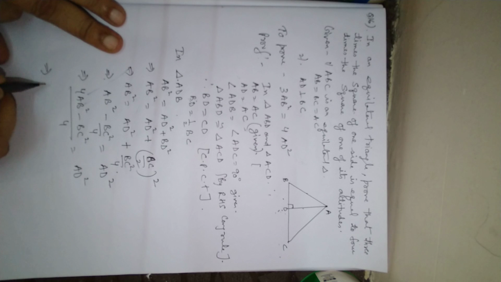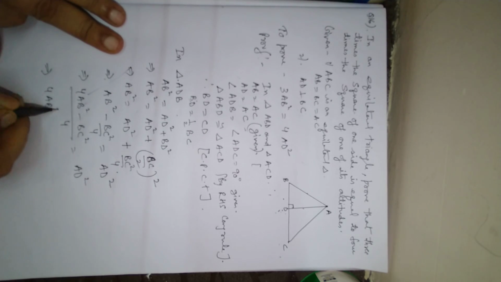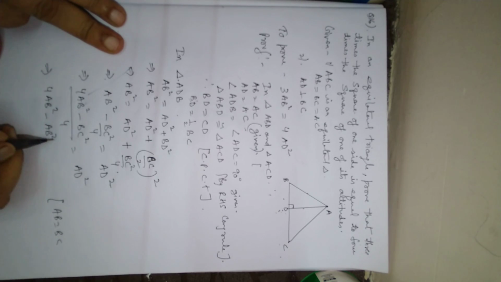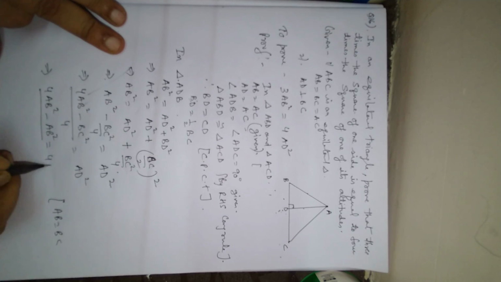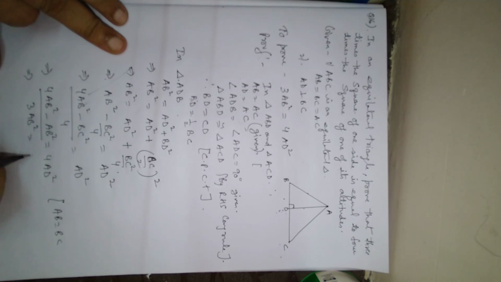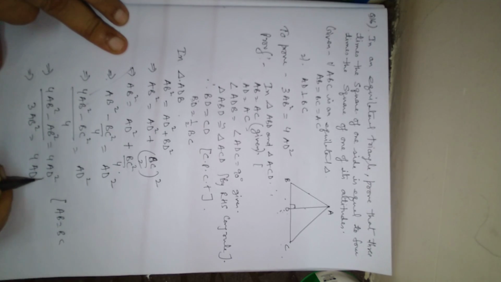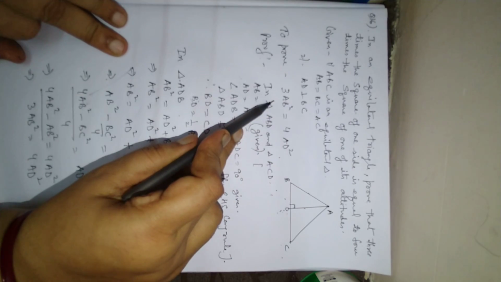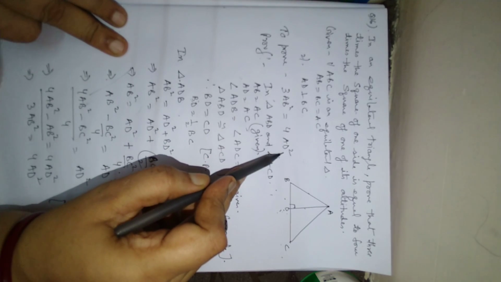And this implies 4AB square minus AB square equals 4AD square. Why? Because AB equals to BC. Or this implies 3AB square, that is equals to 4AD square. And this was to prove. 3AB square, that is equals to 4AD square.